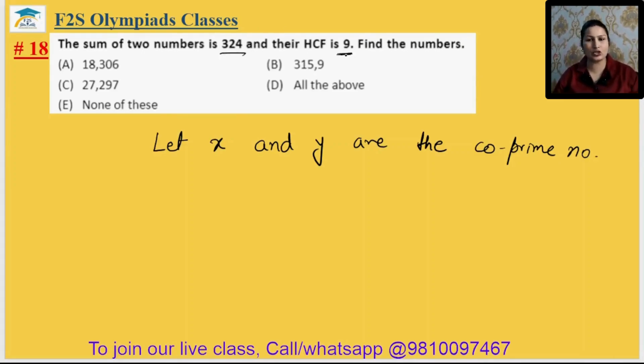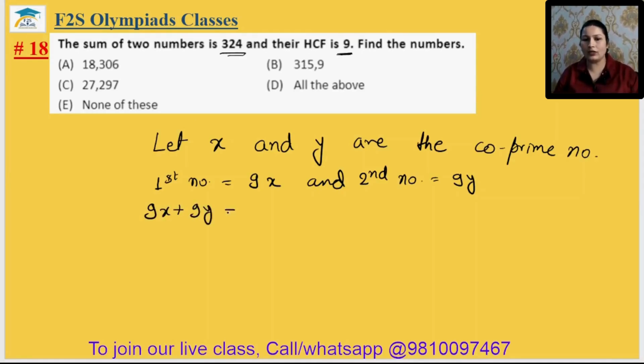9 is the given highest common factor. So the first number will be 9x and the second number will be 9y. And it is given that 9x plus 9y equals 324.